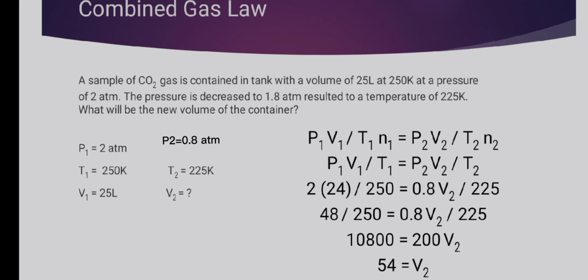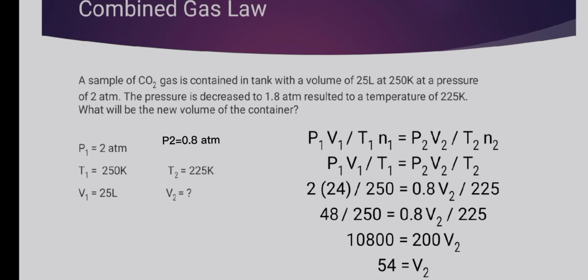So let's proceed. We have all the initial set of conditions, 24 liters, 250 Kelvin, and 2 atmospheric pressure. So we have 2 times 24 over 250 equals 0.8 V2 over 225.